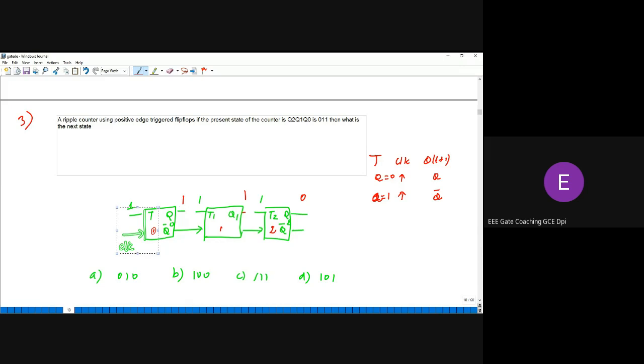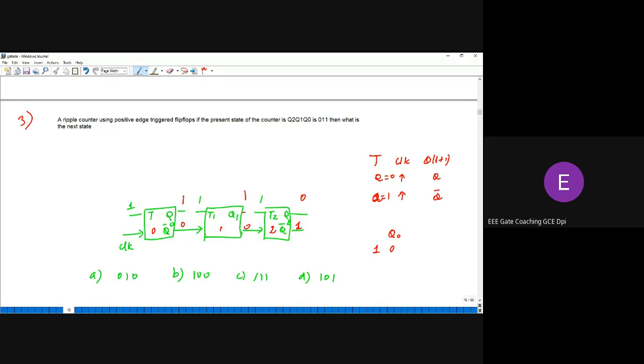So if it gets inverted, Q0 goes to 0. So if it is 1, this is 0, this is 0, and this is 1, right? Initially, because this is Q and this is Q bar. Okay, so 0 will go here, right? So during that state, it will remain in the same state, right? 1.